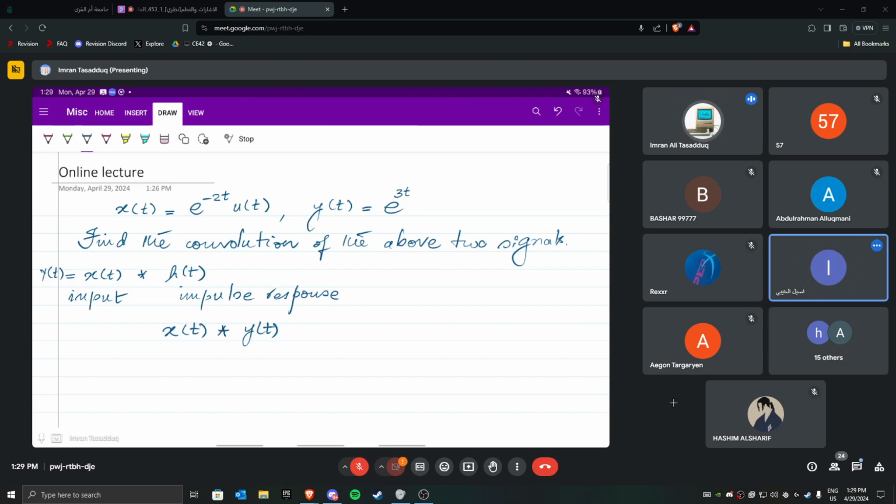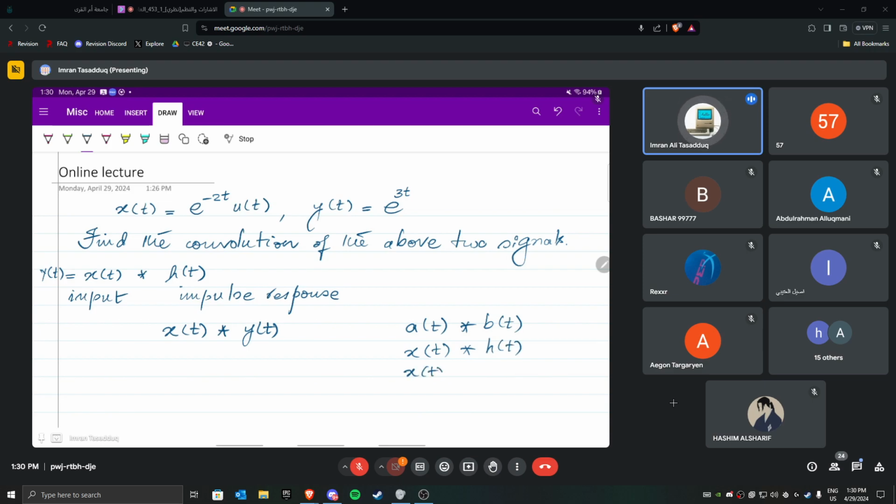Doctor, could it be the convolution of y of t and h of t to find x of t? No, no. What I'm saying is that you could be given anything. For example, if someone gives you a of t and b of t and says find the convolution, you just convolve them. Until last week we had x of t and h of t, so you convolved them.